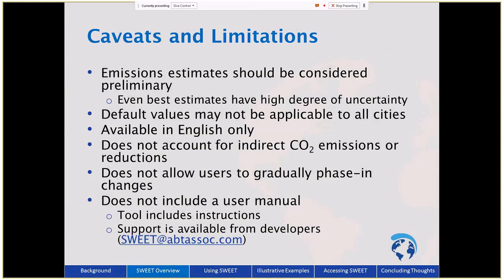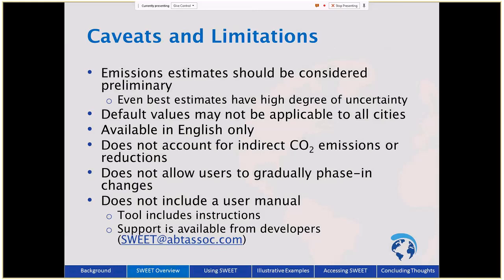We don't want cities using the results of the Suite tool to develop bid tenders or make investments based on the outputs from this tool alone. The outputs from the Suite tool should be used to inform decision making, but not necessarily direct it.